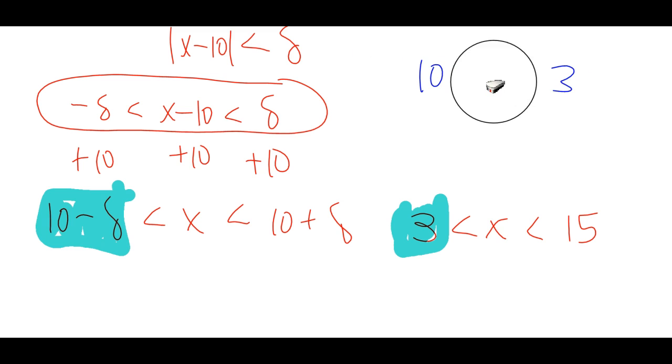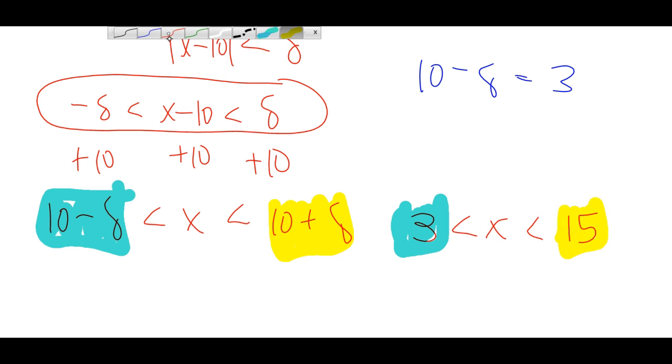And once again, let me fix my delta. The other one says that 10 plus delta is in the place of the 15. Let me give myself a little room. 10 plus delta is equal to 15.